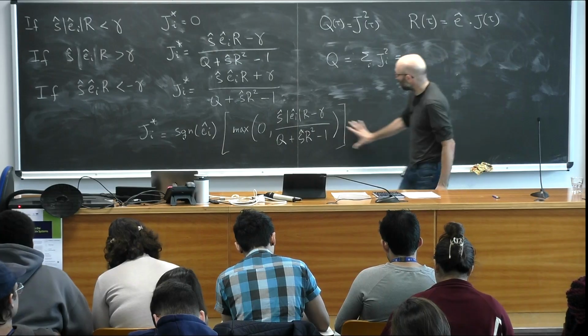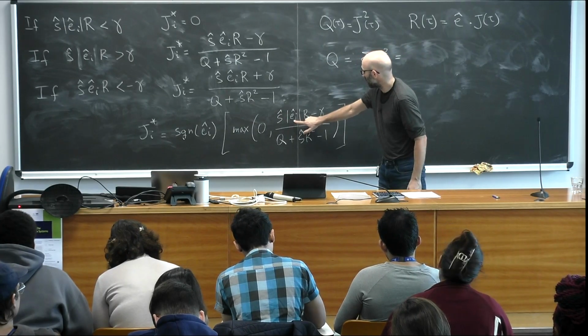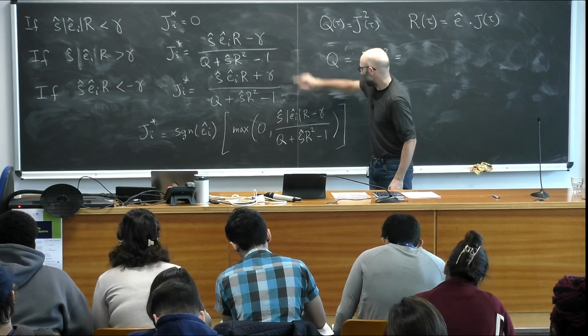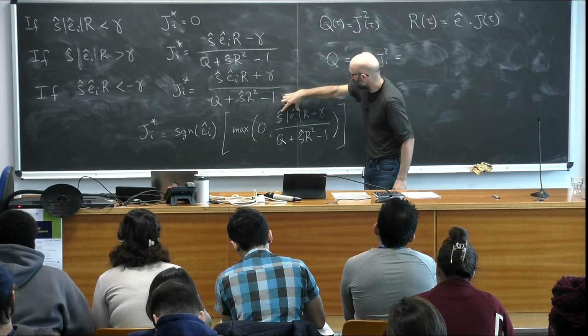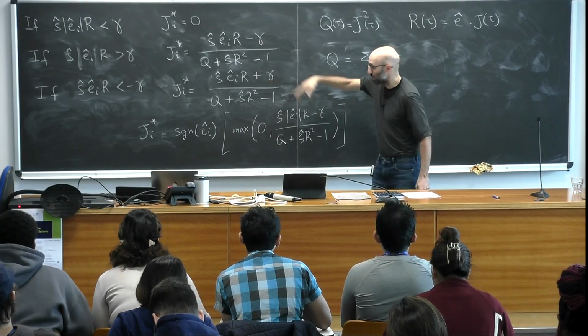Okay, this is just a compact way to write this thing. So if E hat is positive and this is bigger than this, you get this. Otherwise, you get the other two.